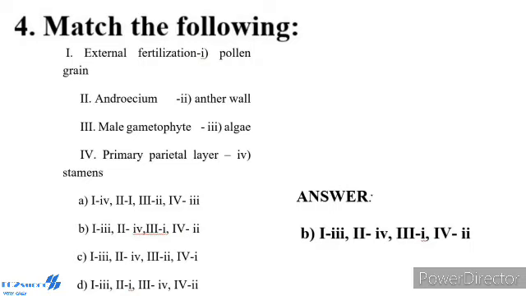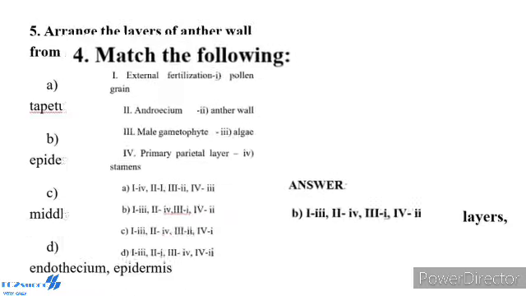First one external fertilization, second one androecium, third one male gametophyte, fourth one primary parietal layer. So the correct match: external fertilization, algae; androecium, stamens; male gametophyte, pollen grain; primary parietal layer, anther wall.